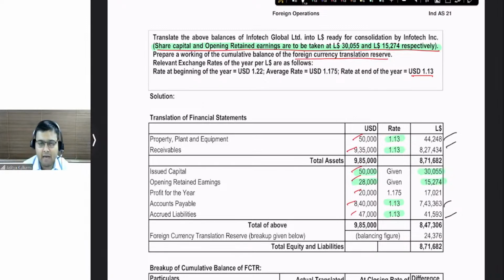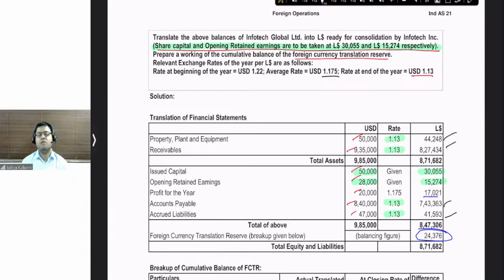This is earned when I am in control, so therefore we take the average rate of 1.175. So that is 17,021. When I balance this out, it comes to a balancing figure of 24,376. This represents a foreign currency translation reserve.